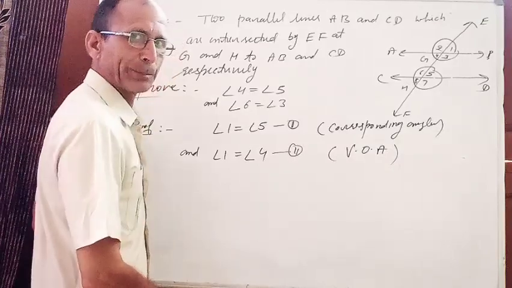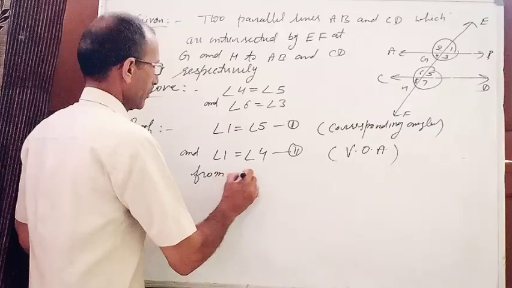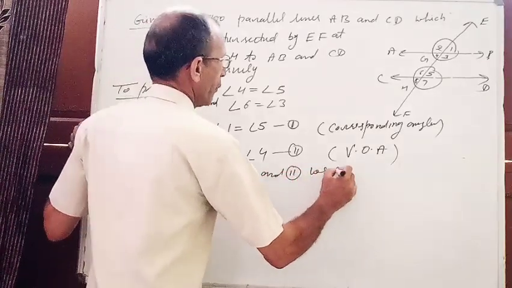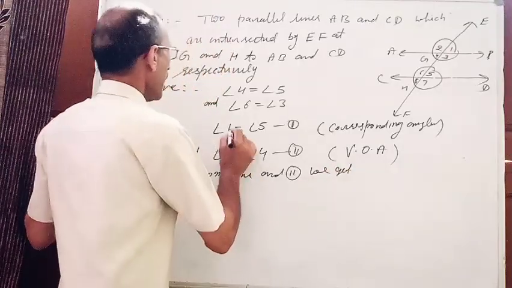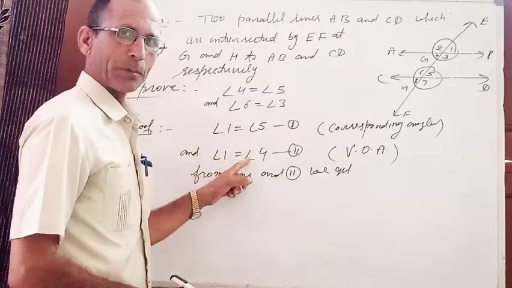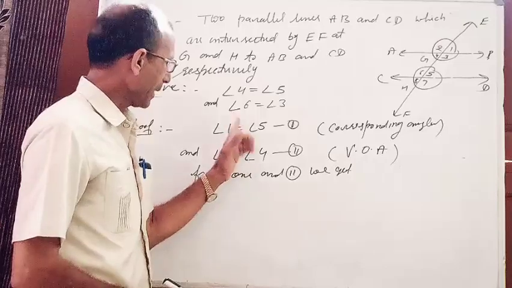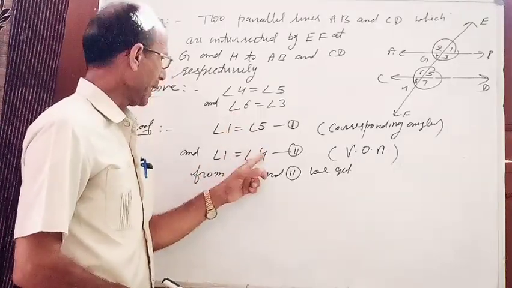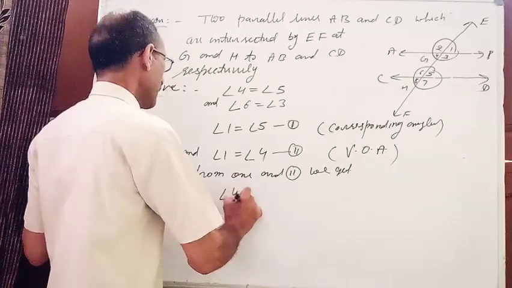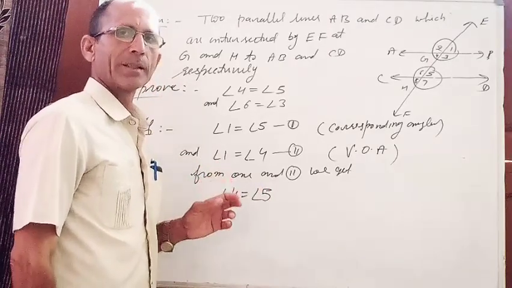On comparing 1 and 2, angle 1 is equal to angle 5 and angle 1 is equal to angle 4; things equal to the same are equal to each other. So from 1 and 2 we got 4 is equal to 5. Hence proved.